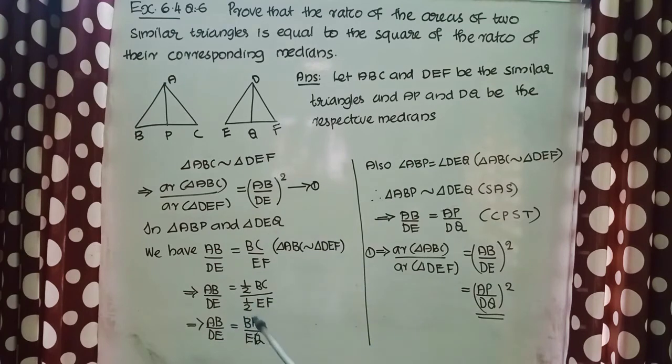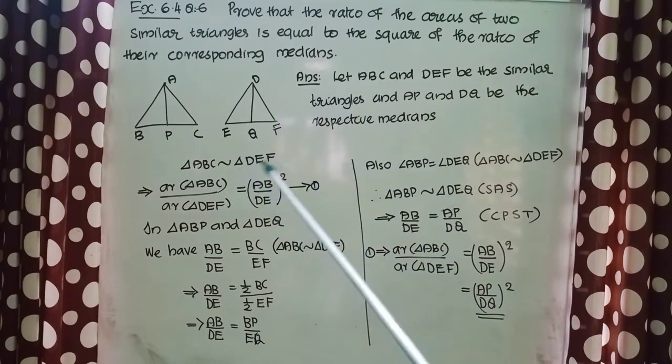So here we have got 2 sides proportional and 1 angle equal. So we can conclude triangle ABP is similar to triangle DEQ by SAS similarity criterion. Therefore, we can say AB by DE equal to AP by DQ.